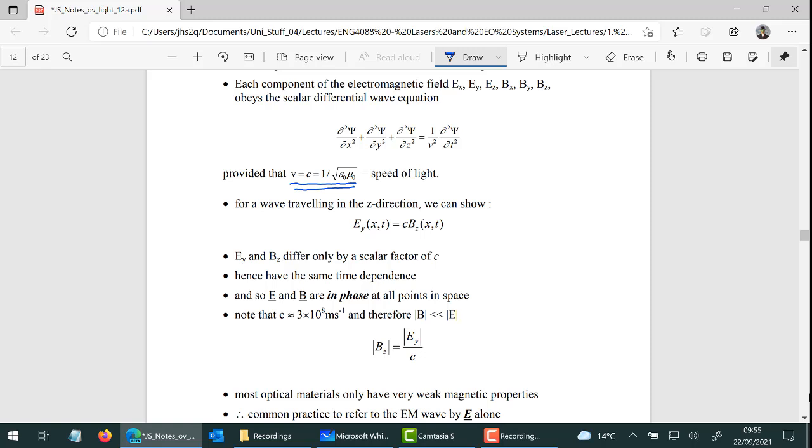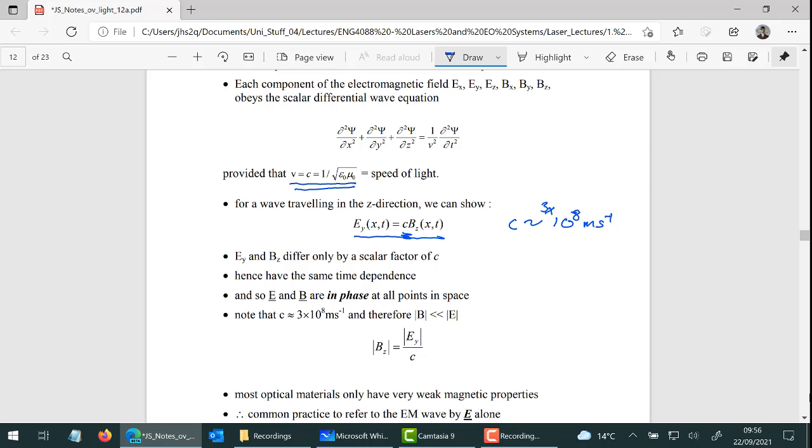If we've got a wave travelling in the z direction, then again from these equations we can show that the electric field and the magnetic field are related, and the relationship is given by a constant, and that constant is the value of the speed of light c. And the speed of light c is around about 10 to the 8 meters per second.